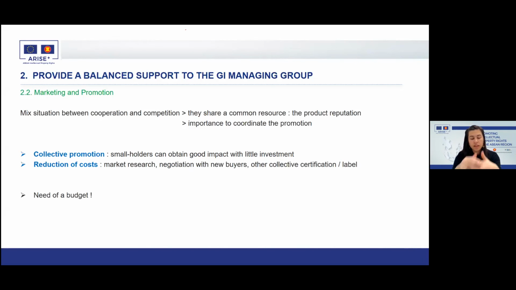Of course, to organize these collective promotion and marketing activities, the GI managing group needs a budget. You will do nothing without money. So here again, a call for public services to also support the GI managing group financially, at least at the very beginning, for the first two or three years.